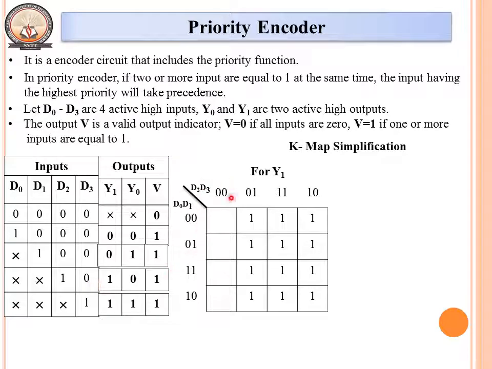D2, D3 is coming horizontally, so I have to check for the 1 0 value. The fourth column has the 1 0 value. For this column all the values will be 1, because it is 1 whenever D2 D3 is 1 0. Since D2 D3 has the highest priority compared to D0 D1, all this column's values will be 1 1.